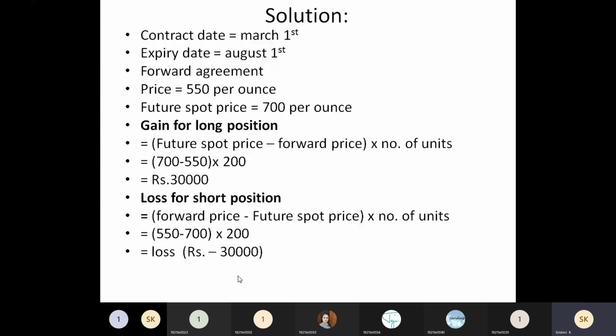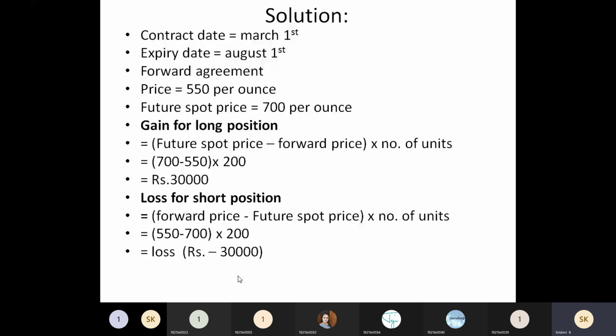So you calculate the gain for long position. How can we say that it is a gain for long position? Because the future spot price is more than the forward price. That is, 700 is more than 550. That will be gaining for the buyer.